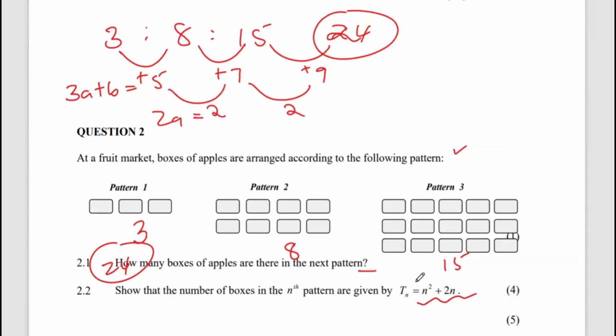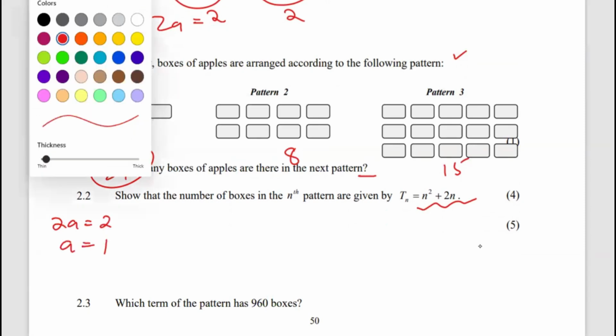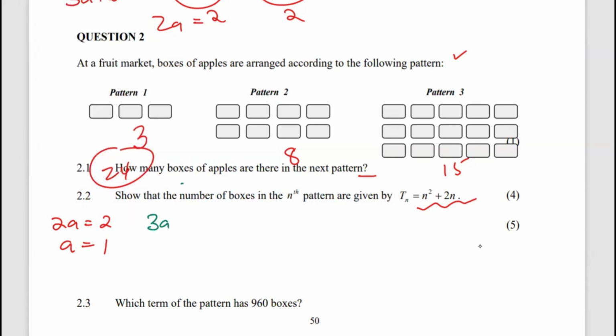And then the first term should be equated to a plus b plus c. They just want us to prove that it's that. So 2a is 2, divide both sides by 2, which means a is 1. Then we move on to find the b. So 3a plus b is equivalent to, we said it's a 5, no? Good.